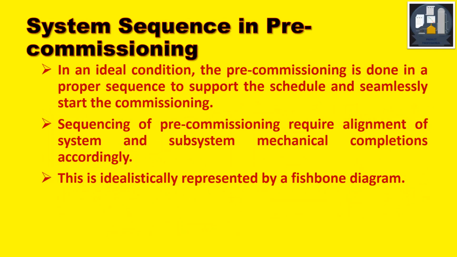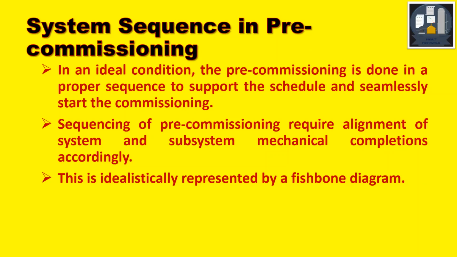System sequence in pre-commissioning. Not only this, in an ideal condition the pre-commissioning is done in a proper sequence to support the schedule and seamlessly start the commissioning. So it has to be in a proper sequence.